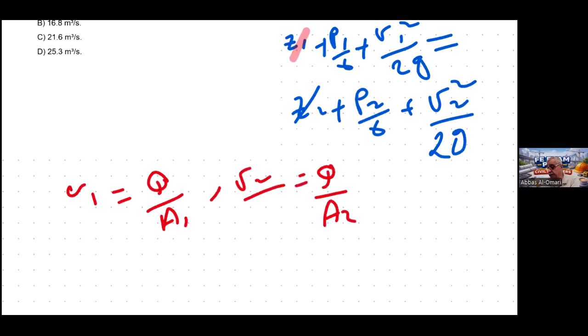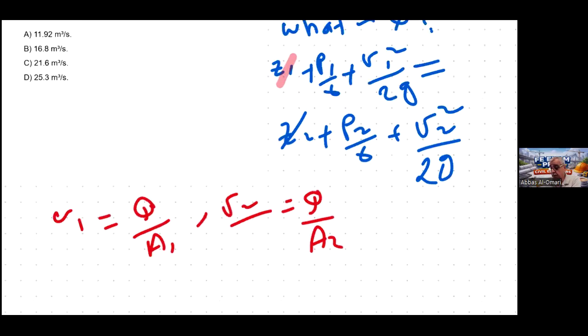Now we go back to the Bernoulli equation. So we are left with P1 over gamma minus P2 over gamma.